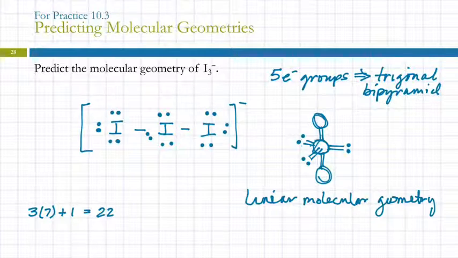Each single pair and each bond. So I have one bond here and one bond here, and then there's 3 lone pairs. So that's 5. Yeah, so let me see this.